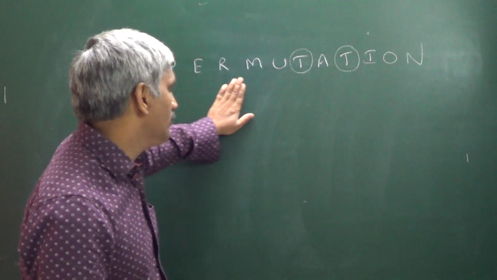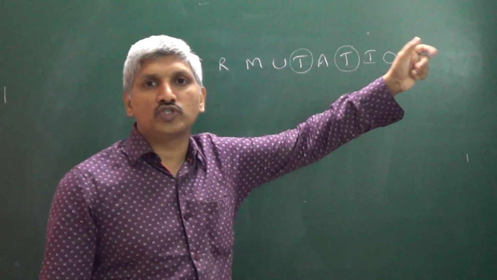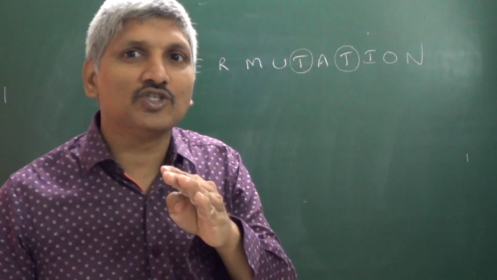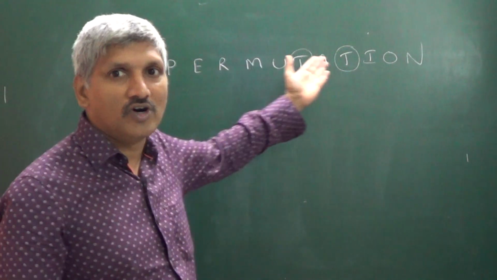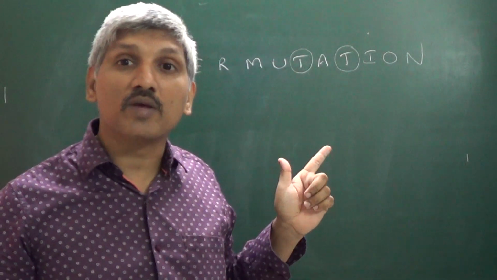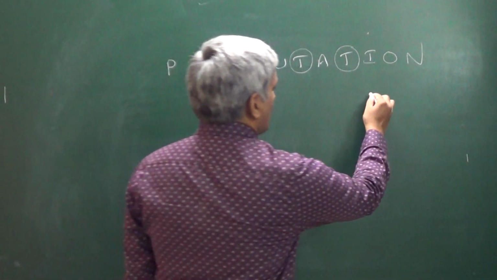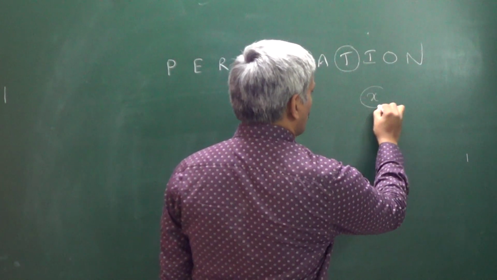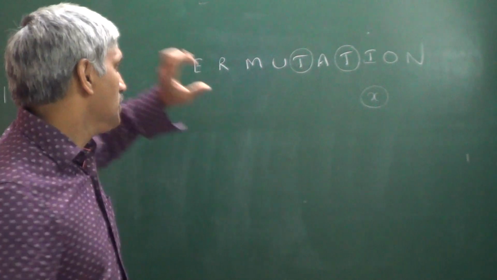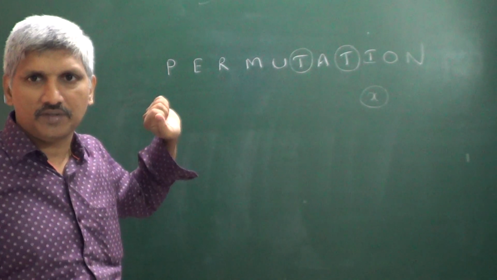How many words can be formed by using the letters of PERMUTATION? I don't know, so I am assuming X words are possible. Among those X possibilities, this is one of the possibilities.